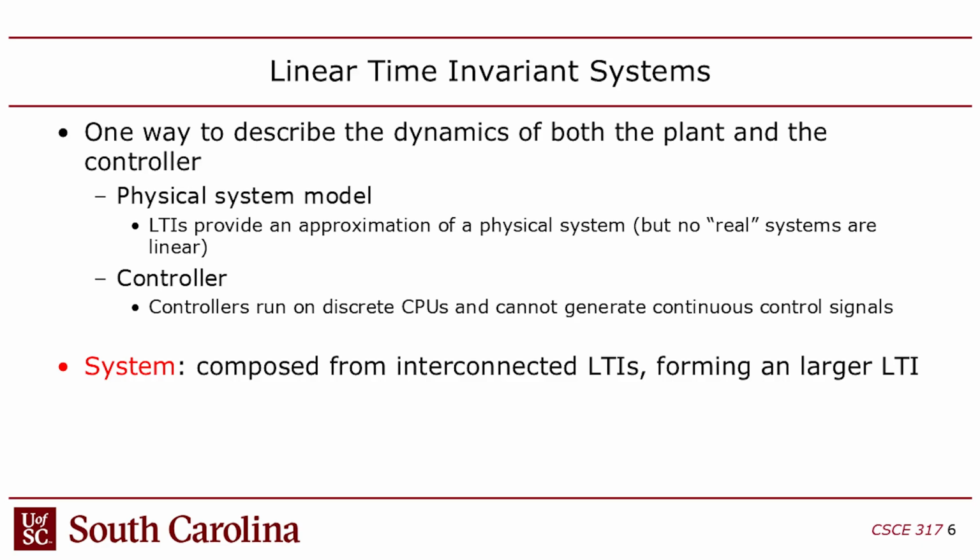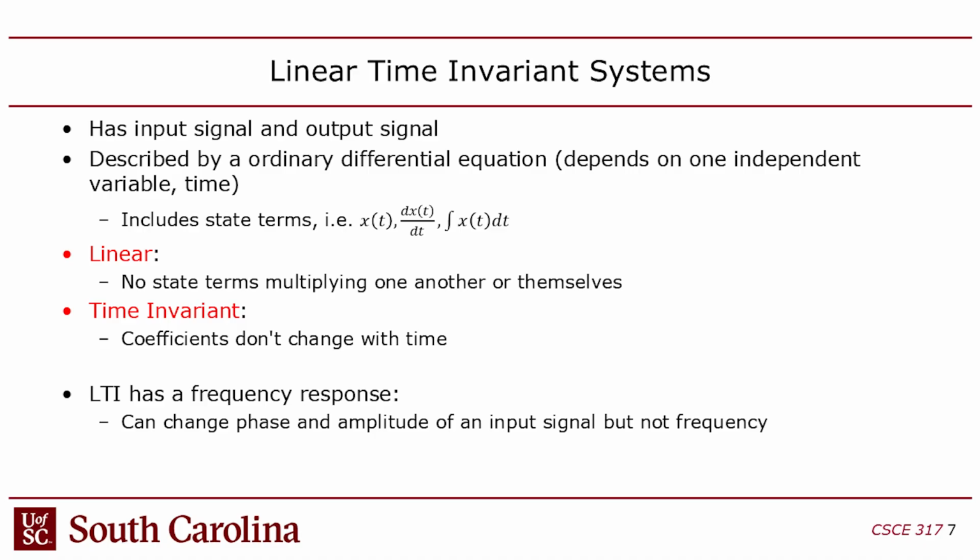And when you have an ODE, you can have derivatives of those signals and integrals of those signals. But in a linear time invariant system, you can only multiply those signals, derivatives of signals, and integrals of signals by constants, constant numbers, right? So you can't, for example, multiply a signal by itself or square a signal or divide by a signal. So that's what makes them linear, right?